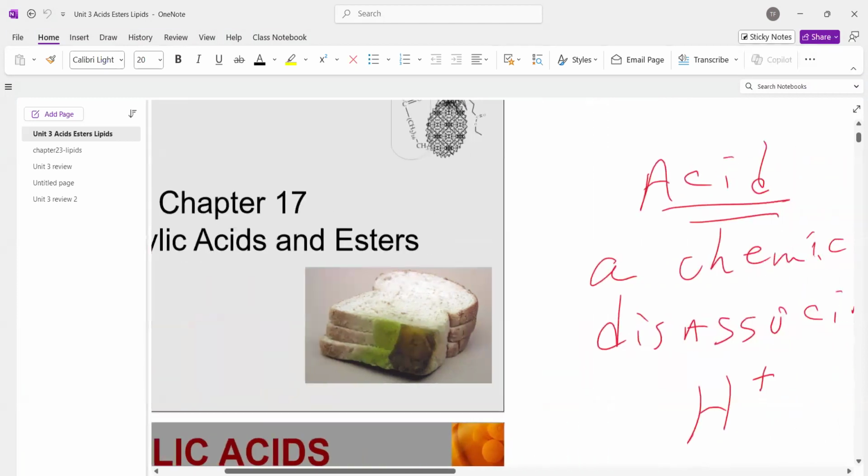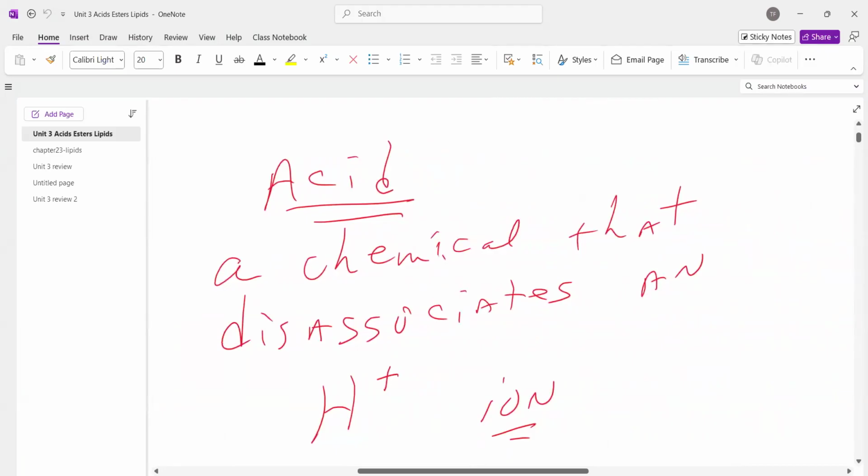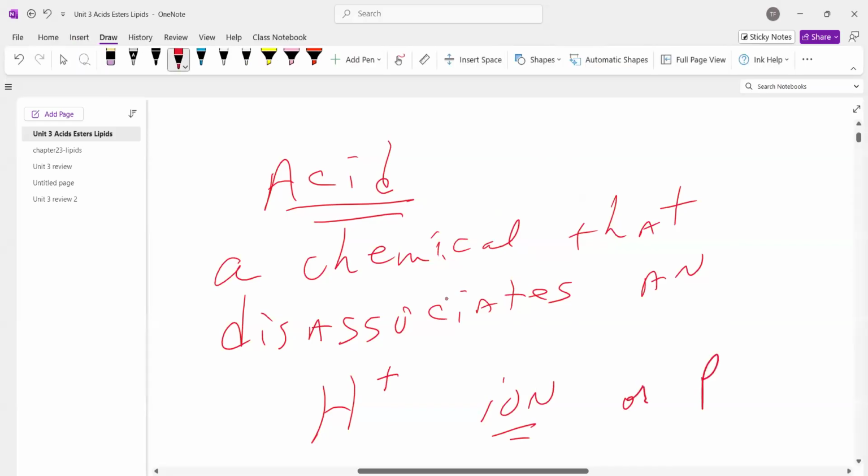Now I'm going to go over a little bit on acid. What is an acid? The simplest definition of an acid is a chemical that disassociates a hydrogen cation, or proton, sometimes they refer to it as.